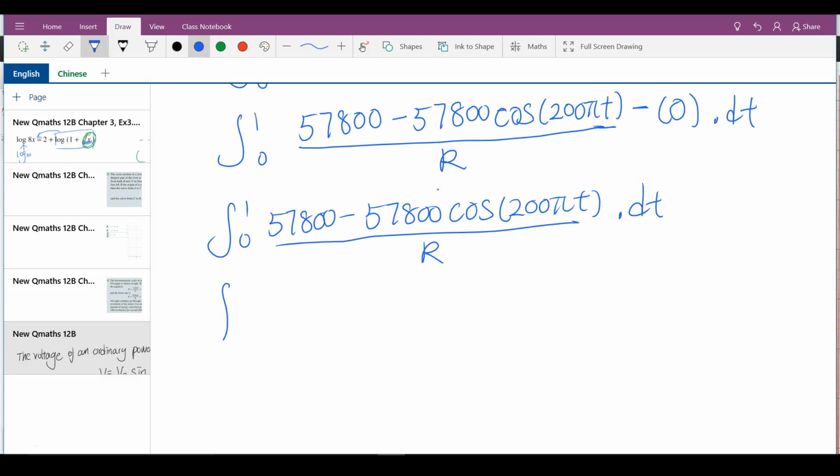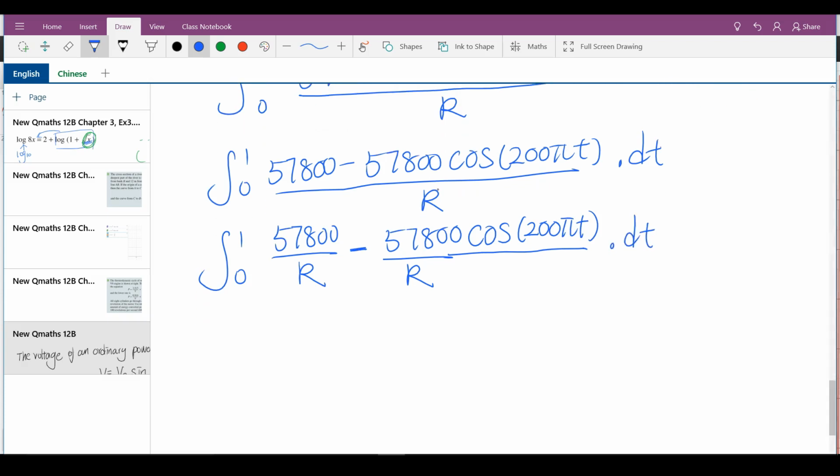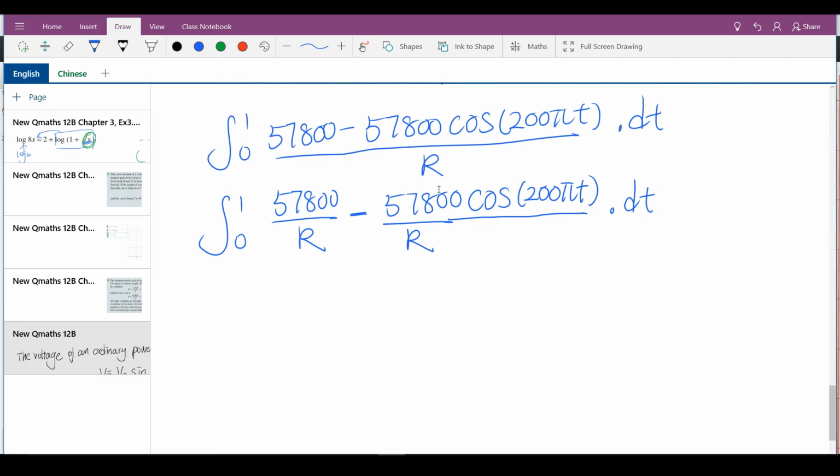I'm going to break the fraction apart. It becomes this. You see what I did?